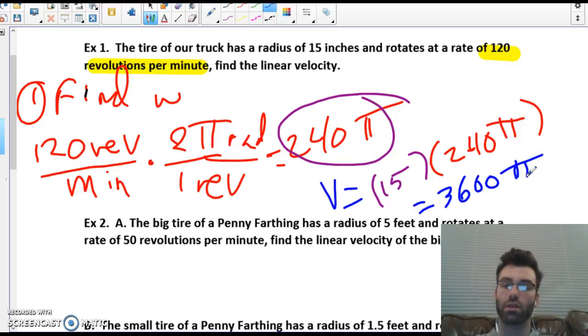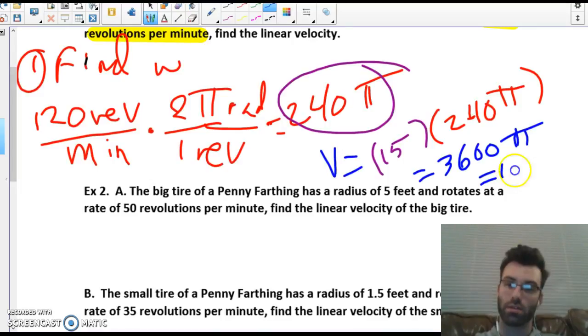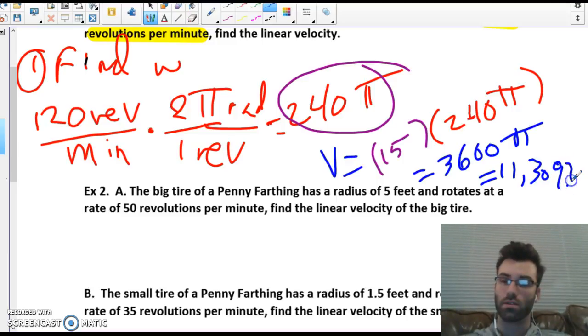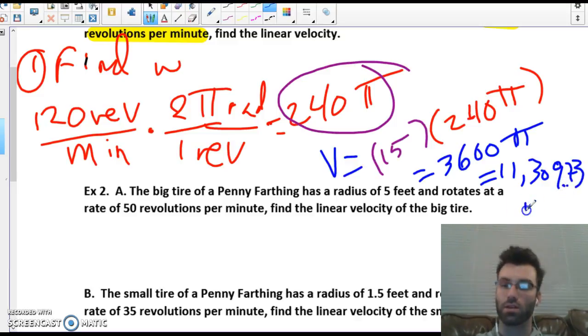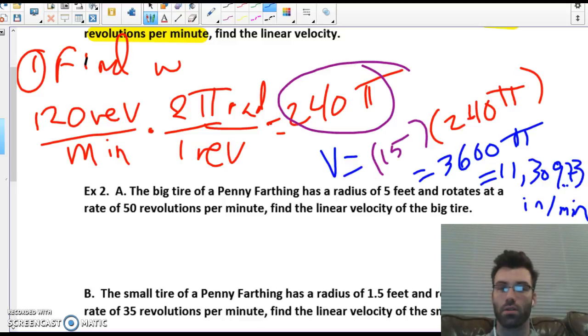Or I'll allow you for linear velocity to actually multiply the pi out so you can plug it all in your calculator. 15 times 240 times pi and get about 11,309.73, and that'll be inches per minute. Inches per minute there. All right.